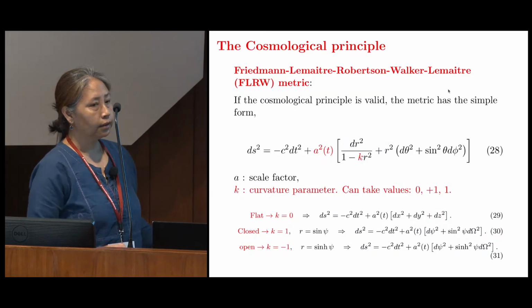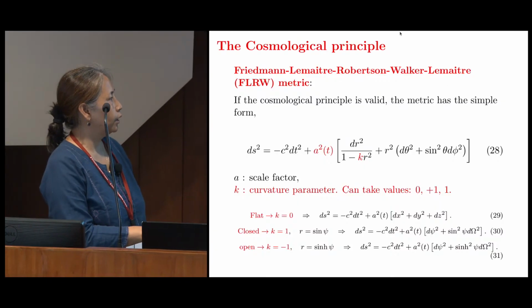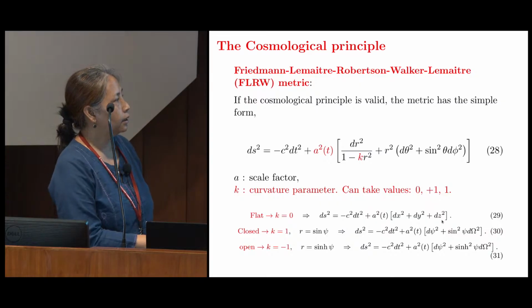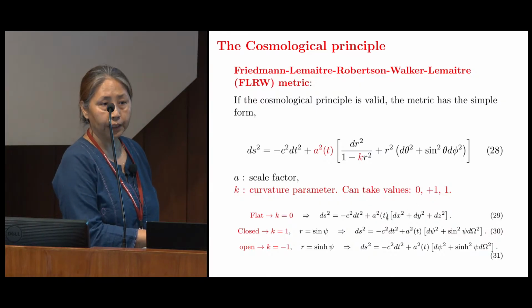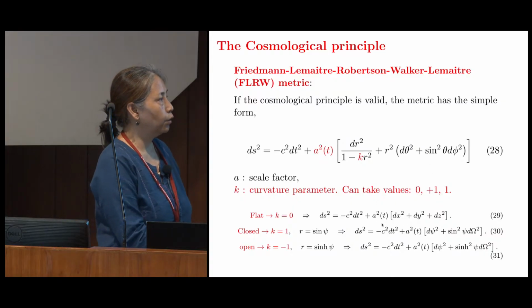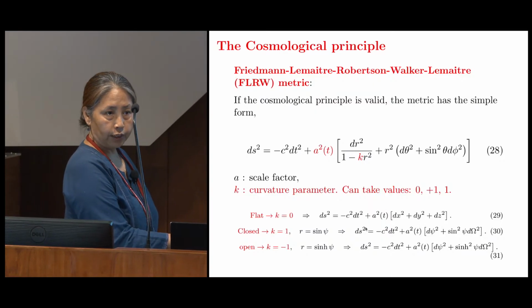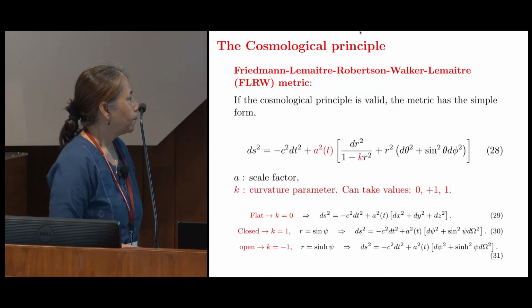So, this is like a flat space, but with an overall expansion. a is doing the expansion with time, and the space part is the flat metric, okay, with overall expansion. And so, this is the co-moving coordinate, okay.